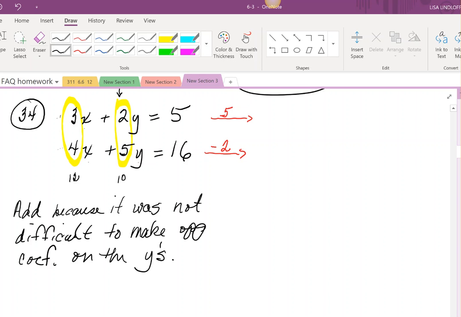Honestly, I would be tempted to say that, because it would be really nasty with substitution. Okay, but this is probably a better answer.